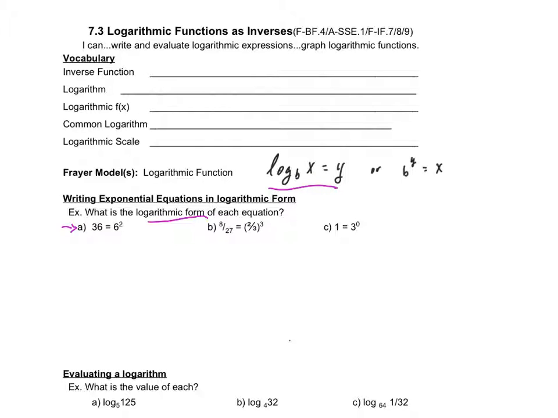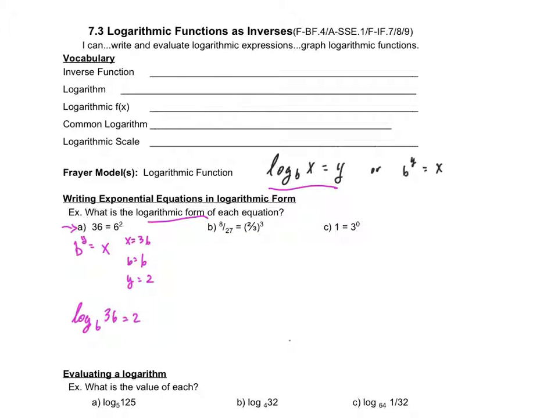We know that b to the y equals x, so in this equation, x equals 36, b equals 6, and y equals 2. So then we would know that the log of 36 base 6 equals 2.